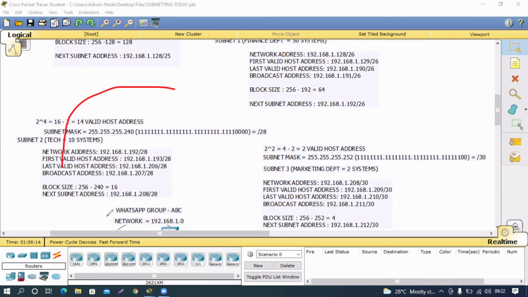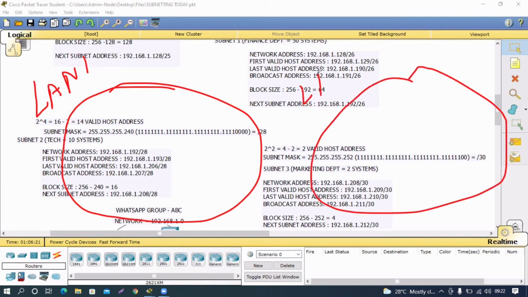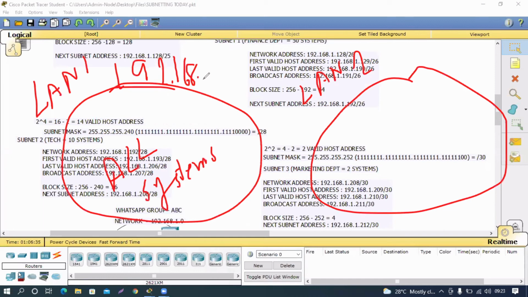No. In that case, how will we differentiate? This is your LAN 1, let's say. This is your LAN 2. All systems you have in LAN 1 will have their IP address from this network, 192.168.1.0/24.